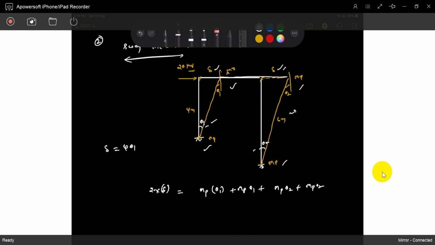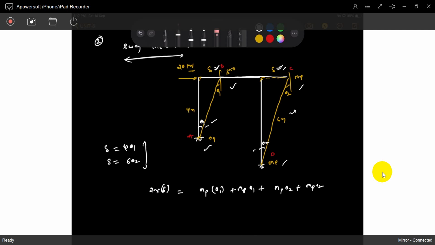Exactly, these deltas are equal because there is no axial deformation in the members A, B, C, D, so it's just moving, so deltas are compulsorily equal. We discussed this in sway analysis. In the same way we can write delta as 6 theta 2.